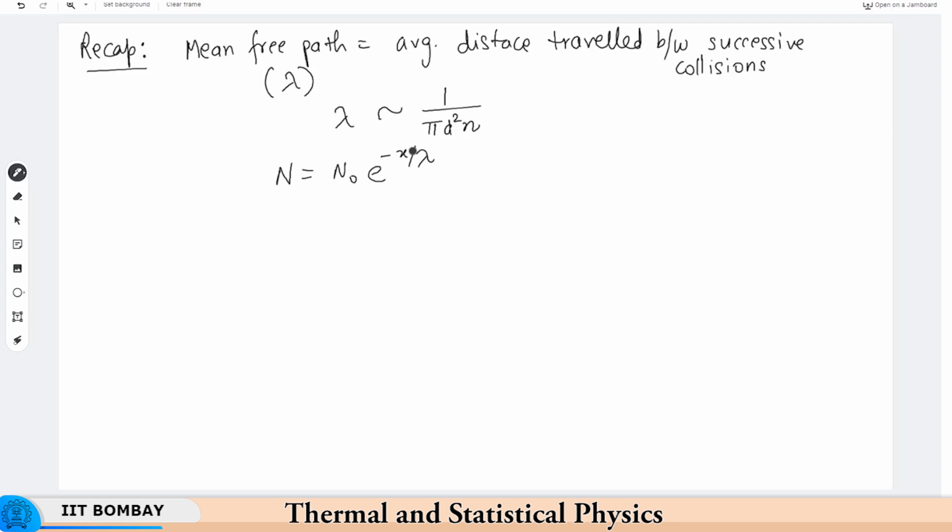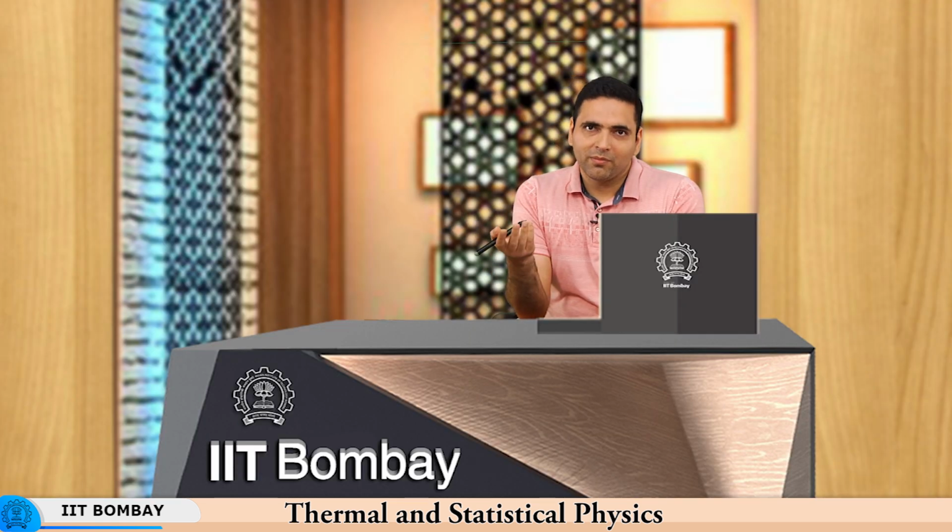Essentially what we are going to do in this class is break down a few more assumptions that we made. The first assumption that we made initially was that gas molecules don't have any dimensions, but when we relaxed that assumption, we came up with this concept of mean free path. But there were other assumptions also which we made. One was that the gas molecules are moving in all directions randomly with equal probability.